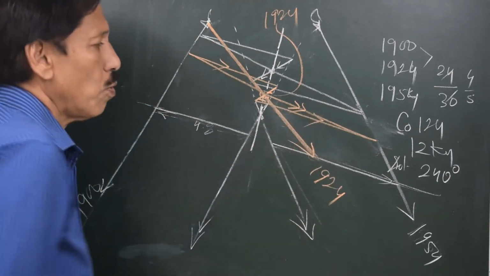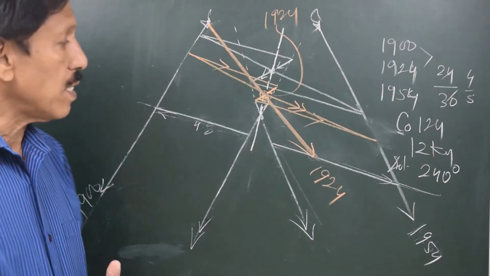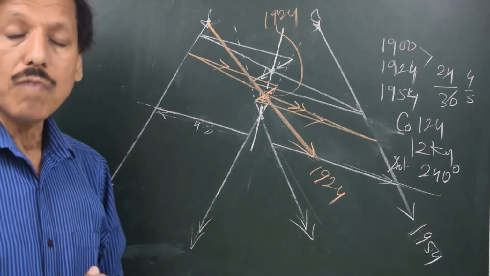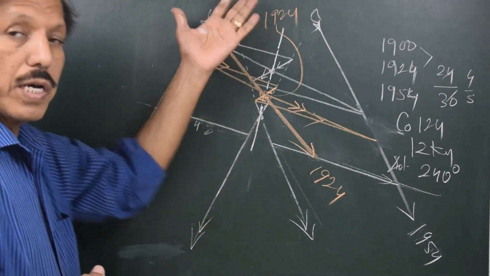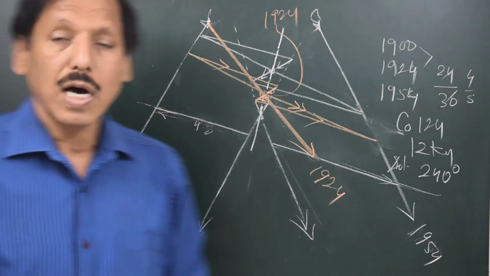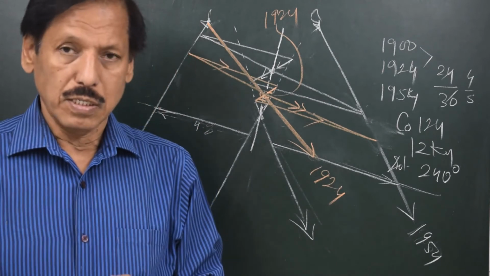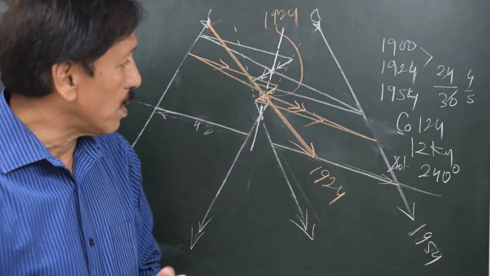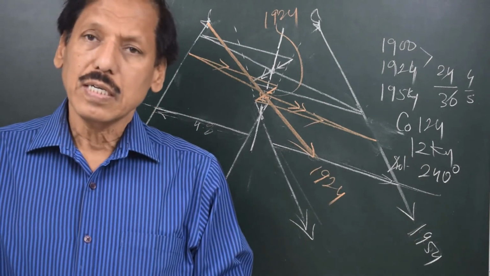So this is the actual course made good of the ship, and this actual course made good of the ship has to be on the converging side of the no current point. So this is how you would do a plot. This is how you would do this exercise when the current is against.